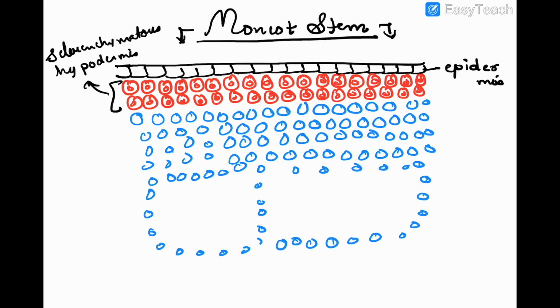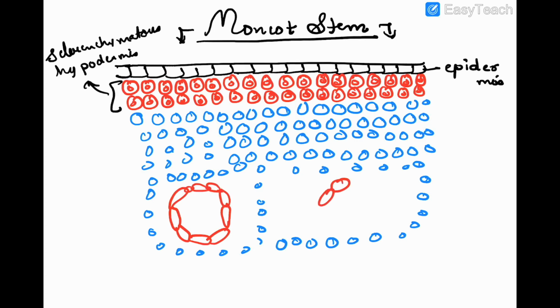In monocot stem, the vascular bundles are scattered and they are surrounded by sclerenchymatous bundle sheath cells. So now in red, these are the bundle sheath cells which I am drawing.